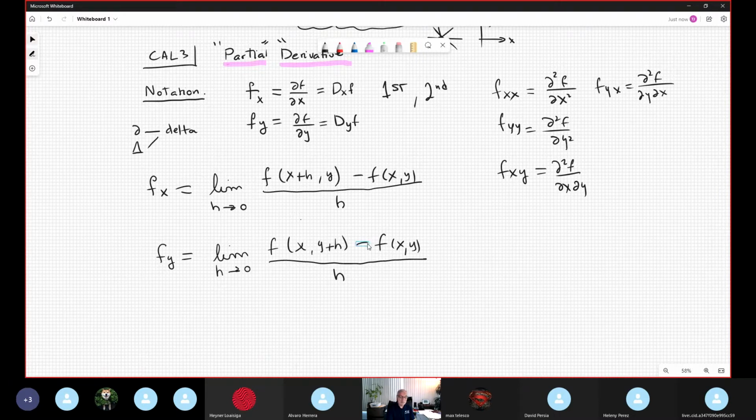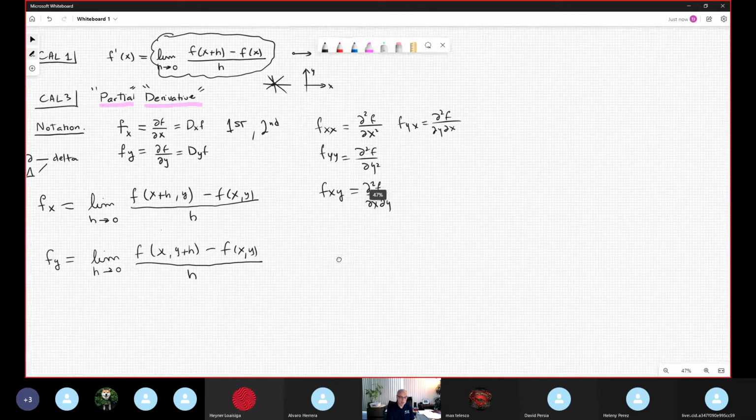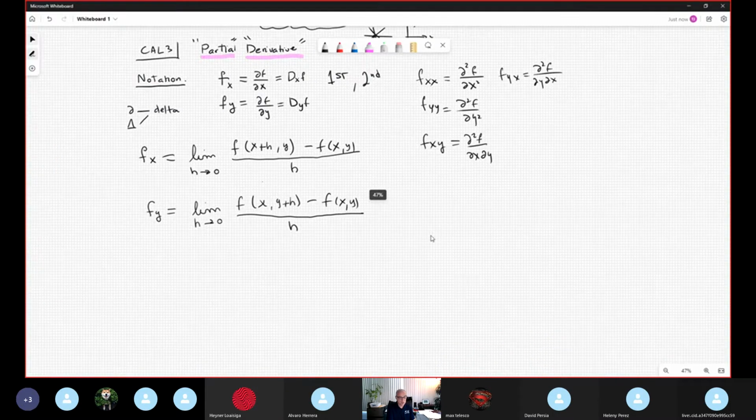So what is the algebraic manipulation? That is super important. Let me try to help you understand this. Suppose example 1 to understand the partial derivative: algebraic manipulation.